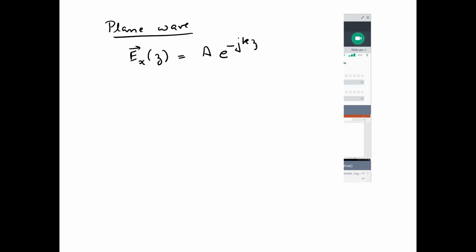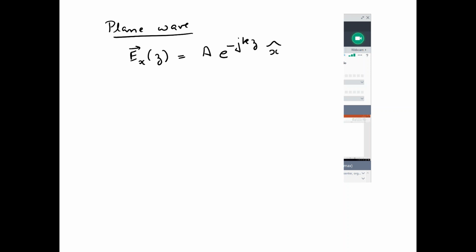As an example, we had seen the plane wave last time. We had said that our E only varied in Z direction, but it pointed in X. The amplitude was some arbitrary value E. It traveled in Z direction. We had said e^(-jkz).